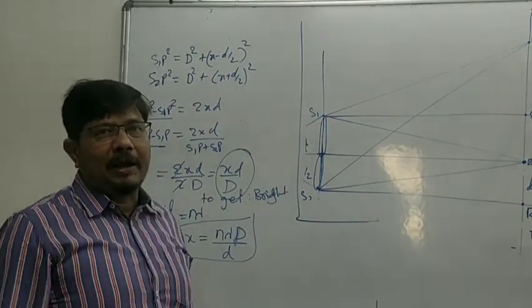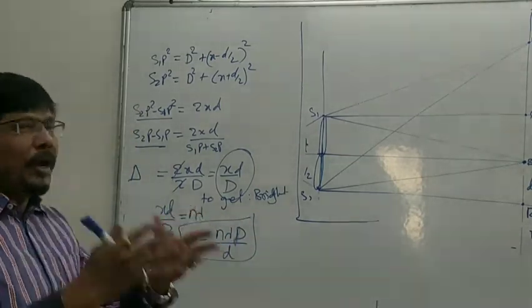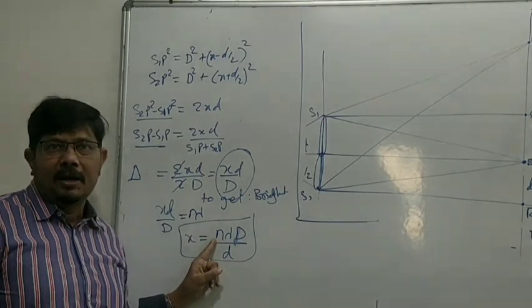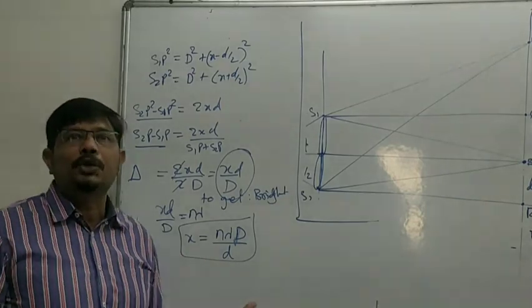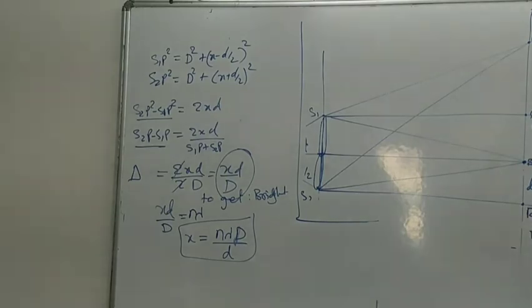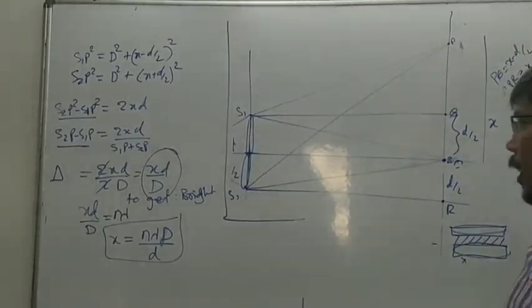Whether we get the 7th number bright fringe or the 20th number bright fringe, in place of n you put 20 or 7. You will get the position of the bright fringe from the central fringe. Very simple. No tension. So from the central fringe to a certain height, whatever the number of the bright fringe, you will get the answer.